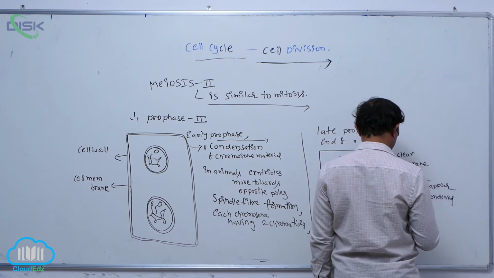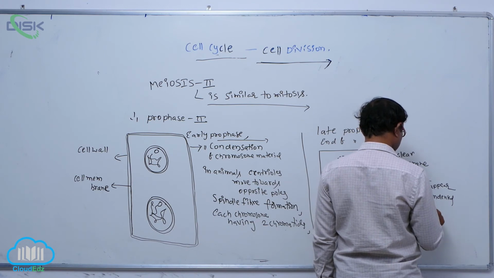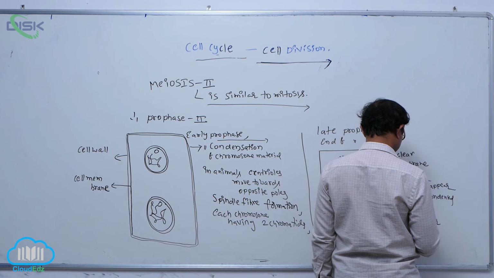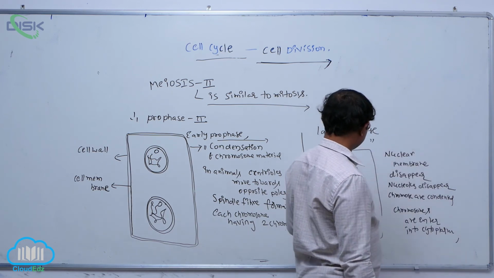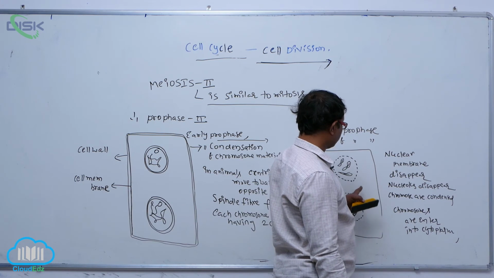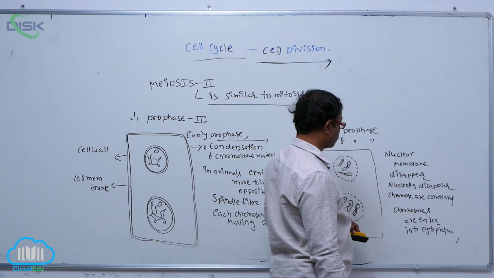Next, these chromosomes enter into the cytoplasm. The nuclear membrane disappears, which means the nucleolus also disappears.